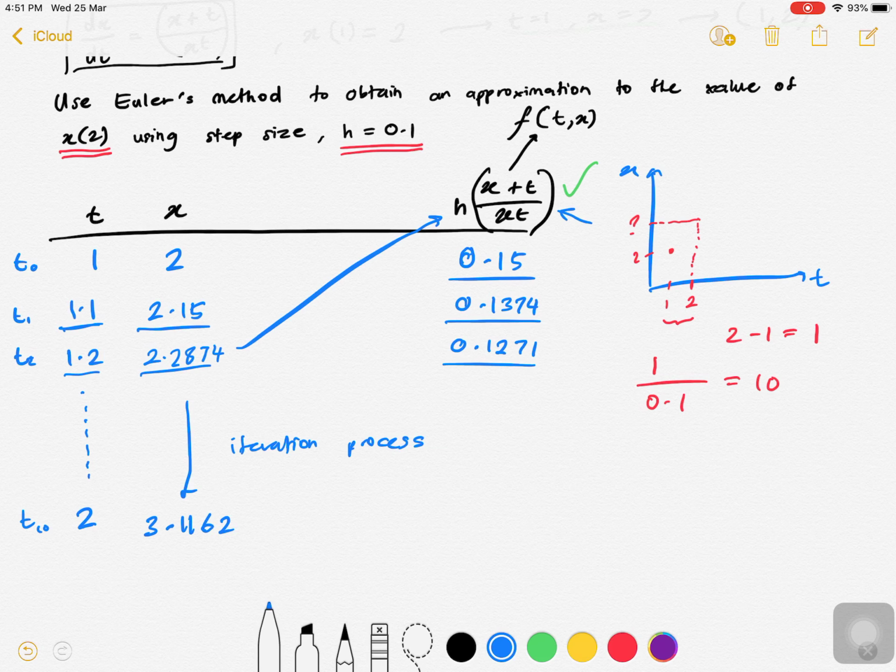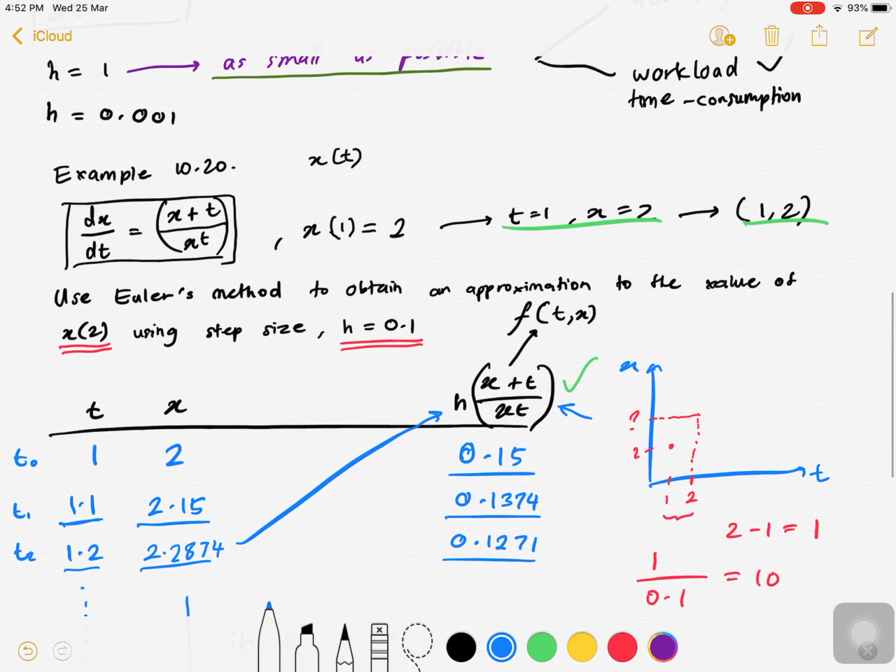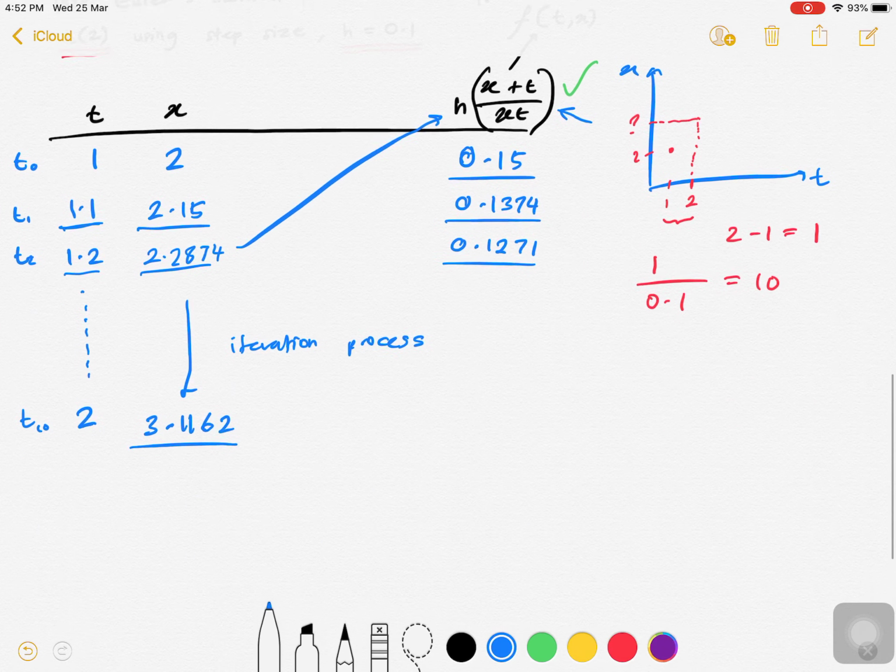You can try this by yourself. So that's the solution, that's the method, Euler's numerical solution in solving this problem. Okay, thank you.